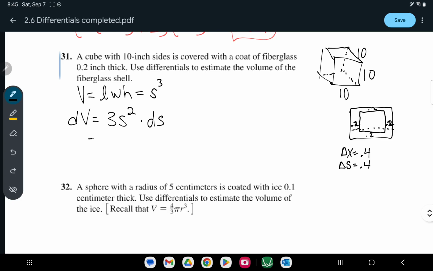Okay, our side lengths are 10, and I just found my change to be 0.4. That's going to give me 120.